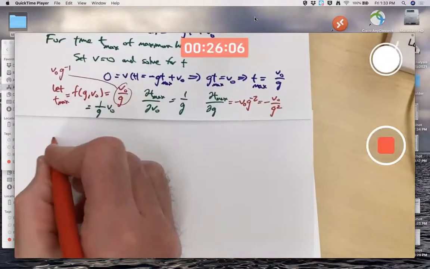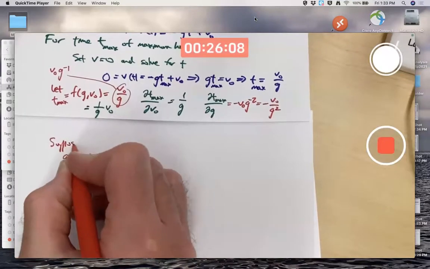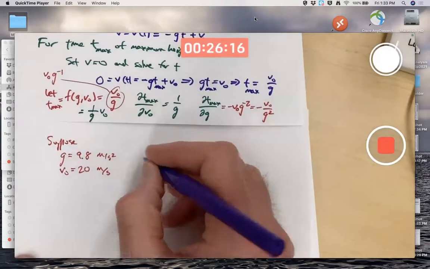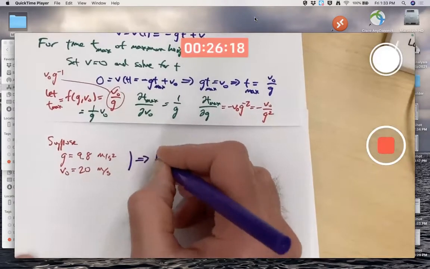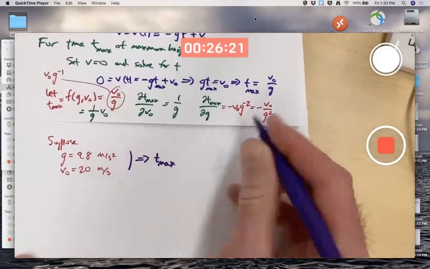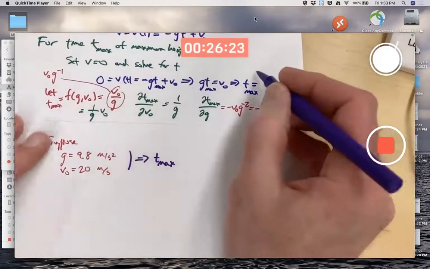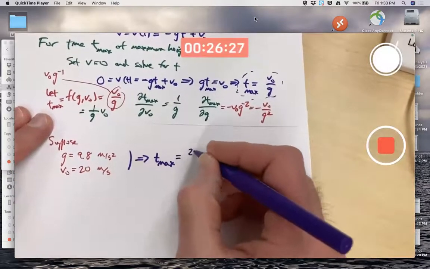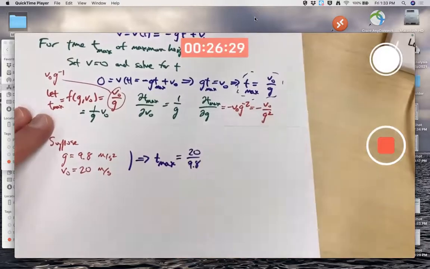So suppose this is true. What can I do with this information? I could, for example, figure out how long it's going to take to reach the maximum height. Then t_max, by this equation right here, is going to be V0 divided by g, 20 divided by 9.8, a little bit bigger than 2.